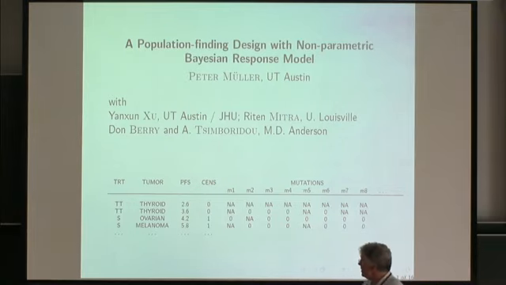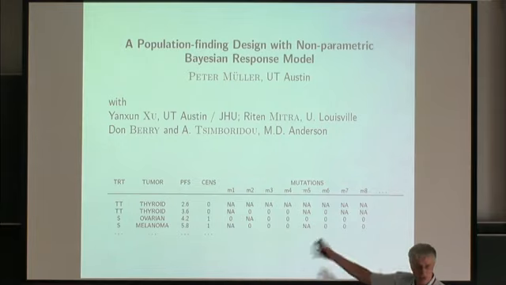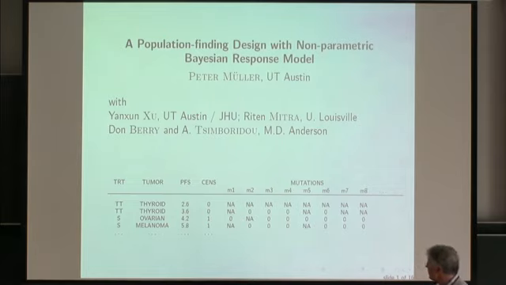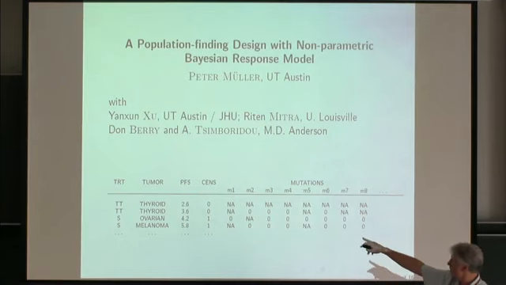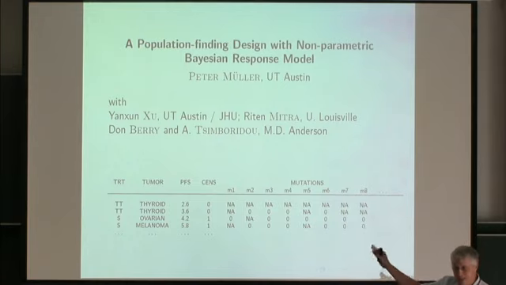There are two treatments. The first column shows TT for targeted therapy, S for standard of care, enrolling across different diseases like different kinds of cancers. Outcome is progression-free survival.